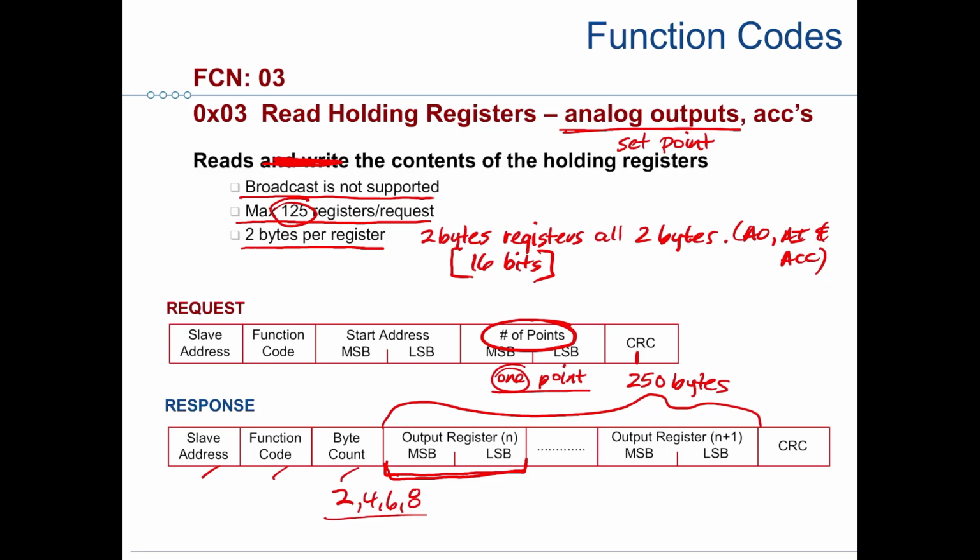So if we have 250 bytes, and each point is 2 bytes, that means that you have 125 points as a maximum. And that's what we said right up here, 125.